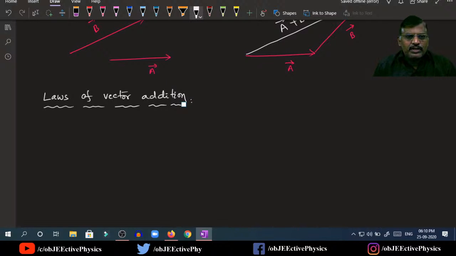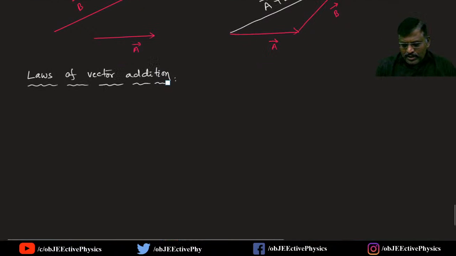But magnitude and direction alone are not sufficient. We have three laws here, and these three laws are also important. If any physical quantity is to be called a vector, then along with the direction and magnitude, that physical quantity must obey the laws of vector addition. I already told you in the previous classes, speed of light or velocity of light as well as electric current, these two quantities have both magnitude and direction.